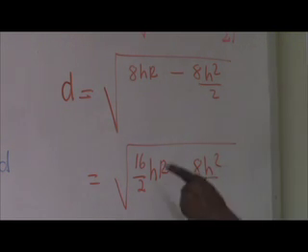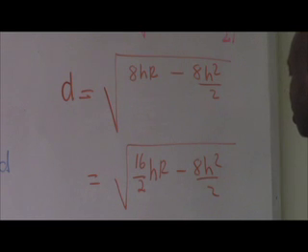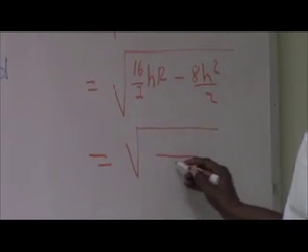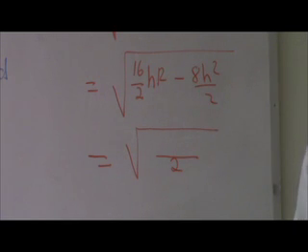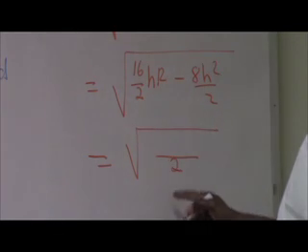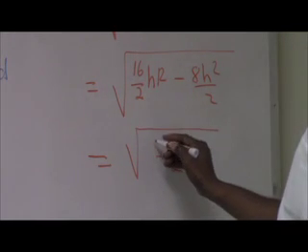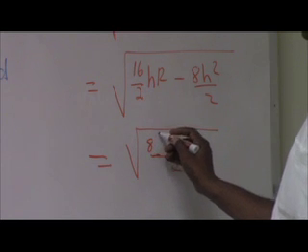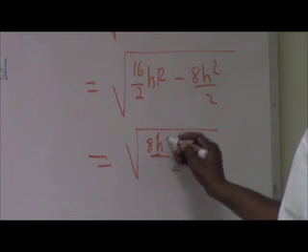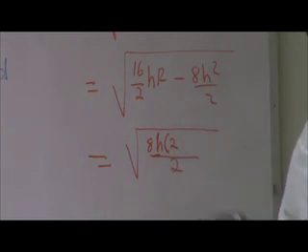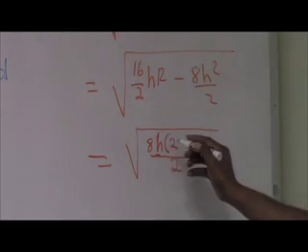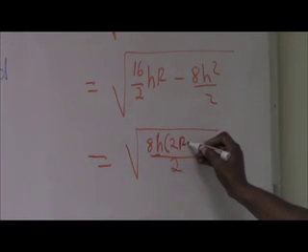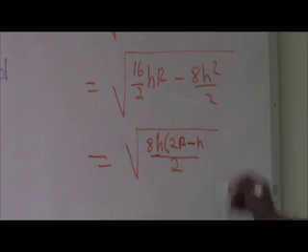Now how did I get a 16? 16 divided by 2 will be 8. So then I haven't changed anything. So then I can just keep this 2 at the bottom here. And what I have here is going to be 16. I could take 8 out and take an h out. I will have 2r minus h.